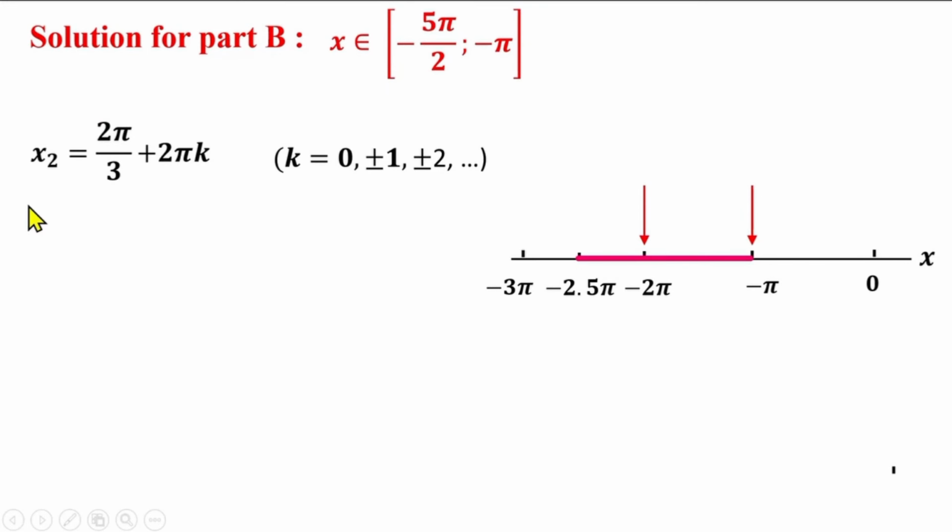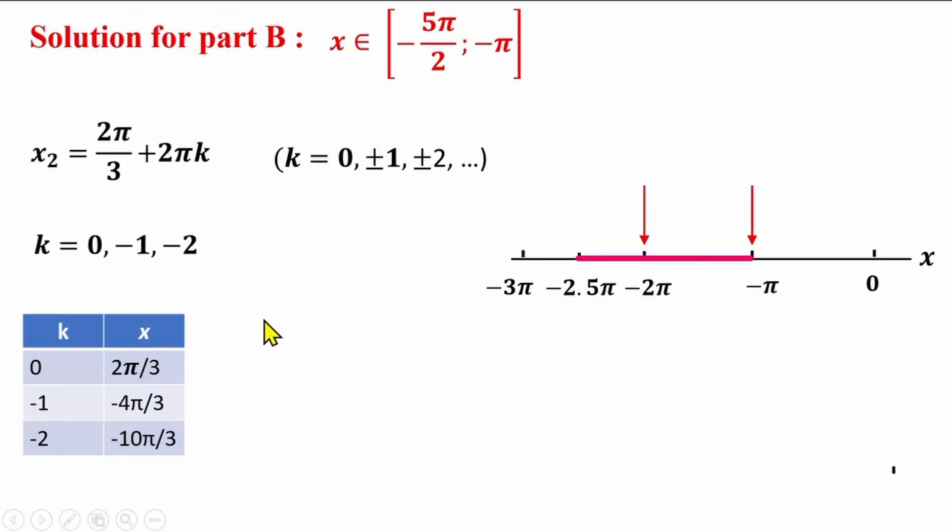Now we will analyze the second root, which is here. We follow the same procedure. First we select k, calculate x2 for this k. Then we analyze what we have. For k equals 0, we have 2 pi over 3, so this is a positive value. It is outside our interval. We cancel it.